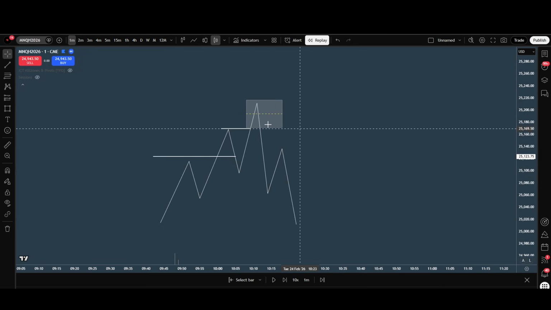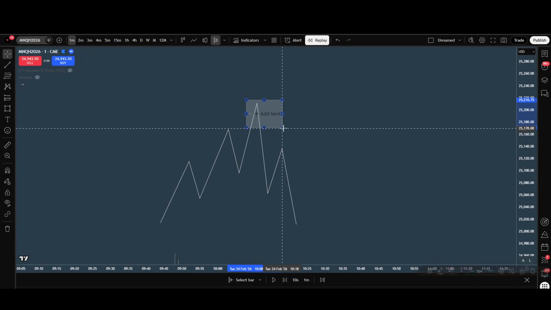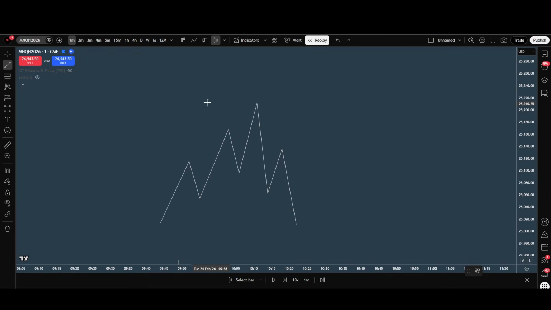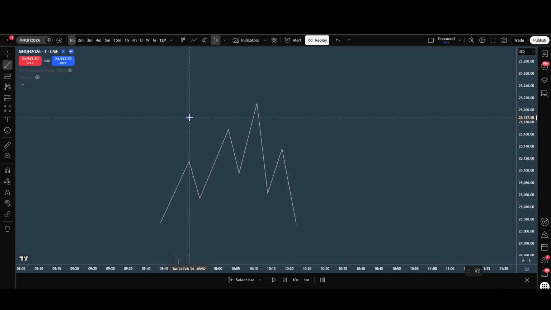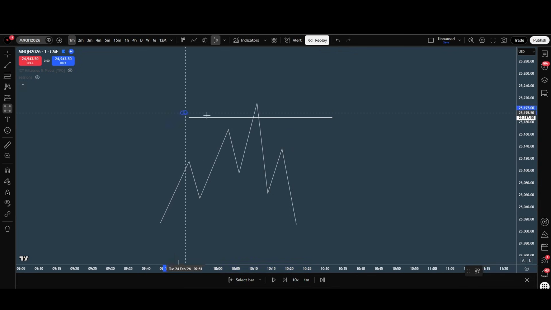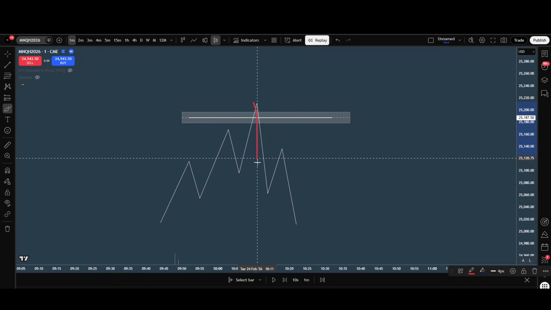Now, what isn't a manipulation leg is as follows. So let's say, for example, price is just making higher highs and higher lows, and then the previous day high is here. Well, now we wouldn't have a manipulation leg because price has met the higher time frame objective and we've instantly reversed to the downside, making the lower lows and lower highs.